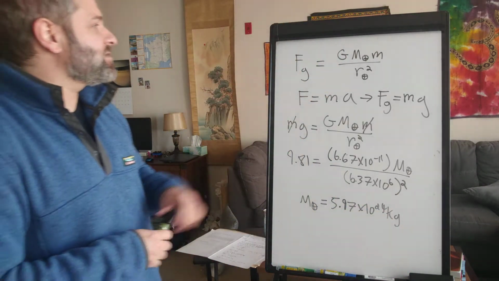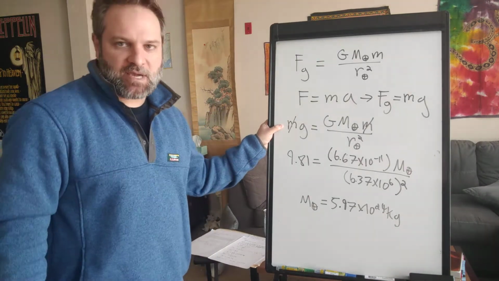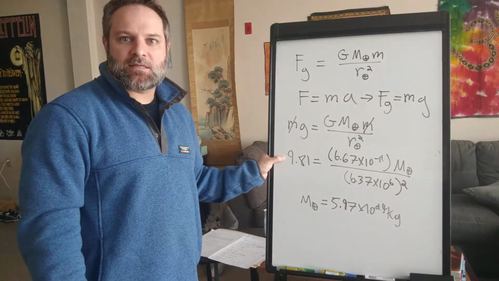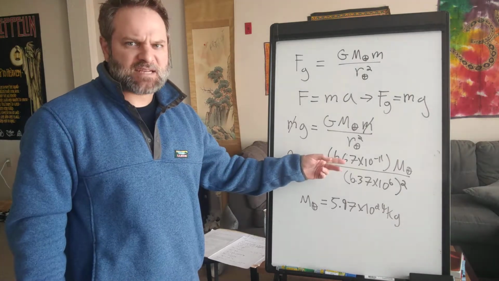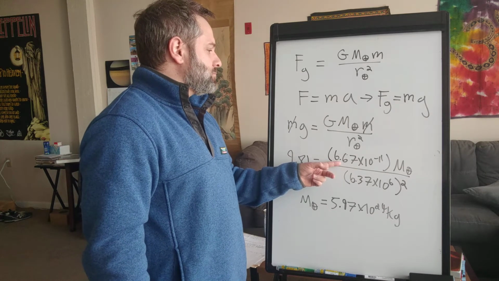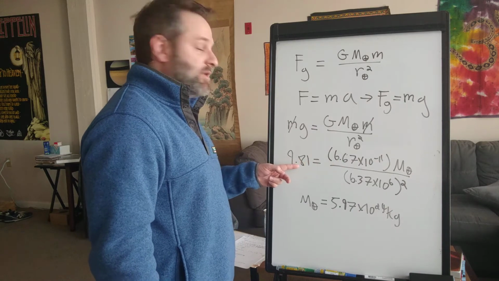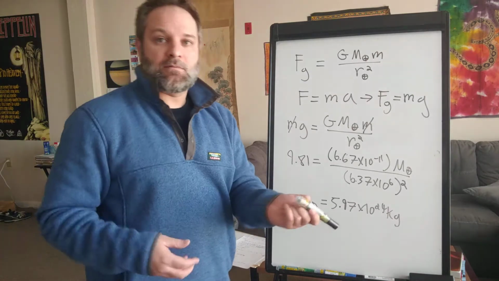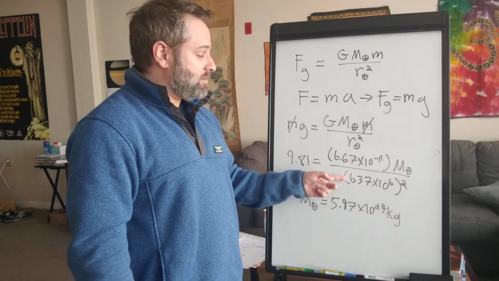So we took Newton's equation for the force of gravity. First we showed that we can cancel out the mass of the object itself. And then we've got stuff that, even back in Newton's time, they might have known. Well, they might not have known this number here. In fact, they didn't. But what we get out of this is, we plug in what we can measure for the gravitational acceleration at the Earth's surface, the radius of the Earth, and this is something that Newton did roughly know.